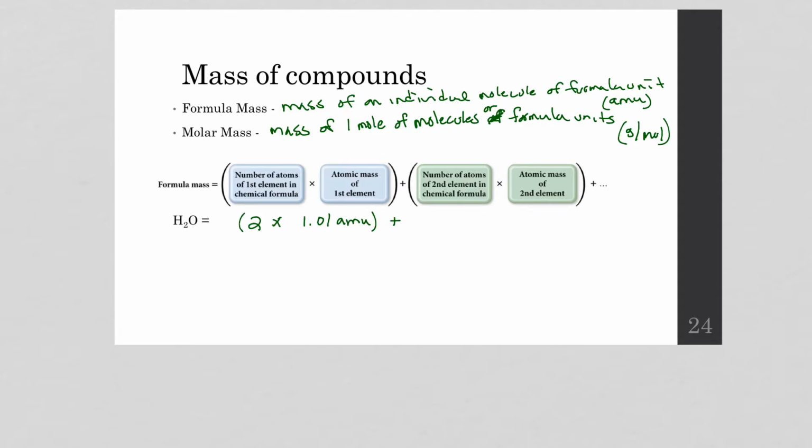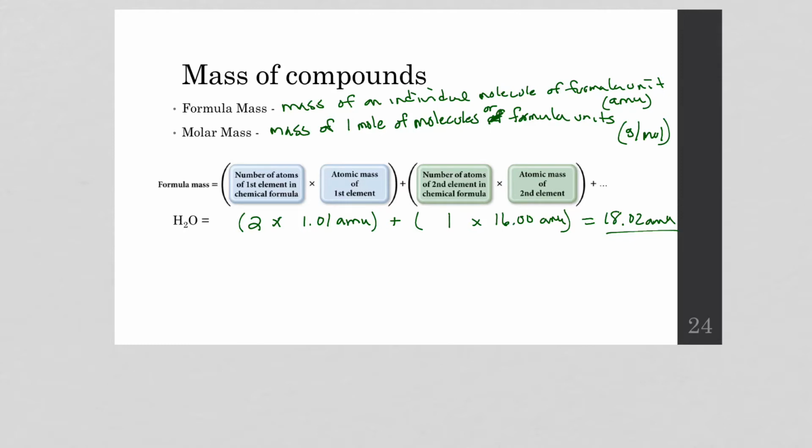And then I'm going to do the next one. So I only have 1 oxygen, so that's 16.00 AMU. And, of course, that's going to equal 18.02 AMU.